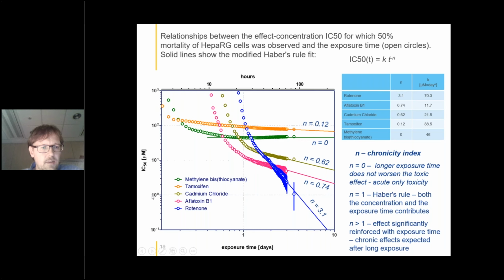And on the y-axis we have the concentration IC50, which corresponds to the concentration which at a given time point evokes 50% cell death. And so at every time point we fitted a Hill curve to the observed data, and the fit gave us the IC50 value, and we have plotted it here.